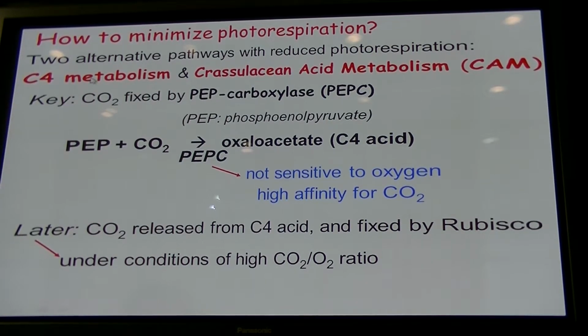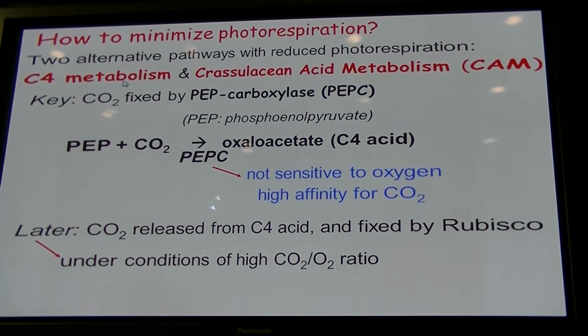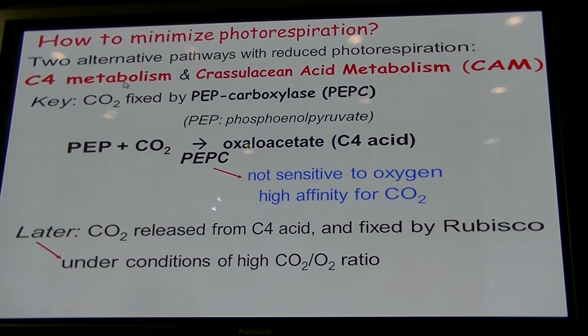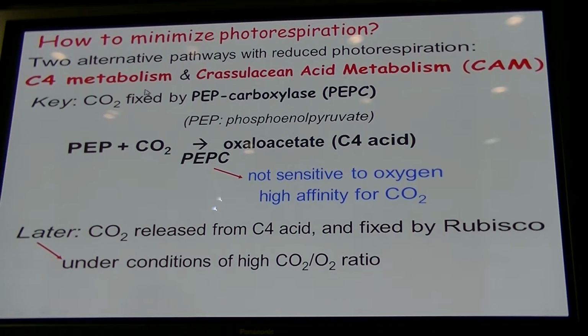What is the difference between C4 and CAM? In C4 plants, the site where PEP carboxylase is active is separate from the site where the Rubisco enzyme is active, as seen in a moment. So the C4 molecule is transported from one set of cells in the leaf to another set of cells in the leaf, which generates in one set of cells the high concentration of CO2.